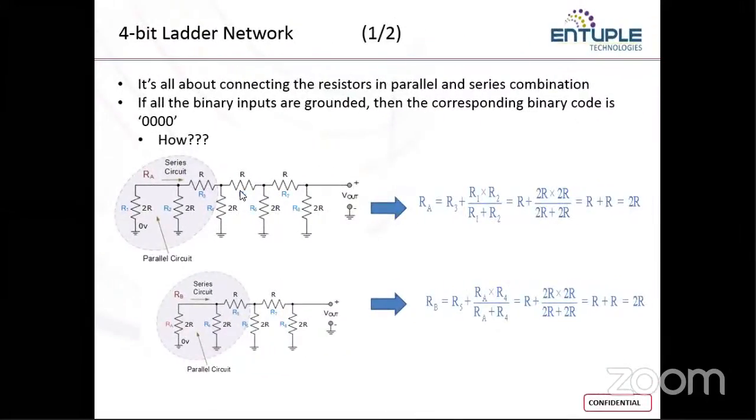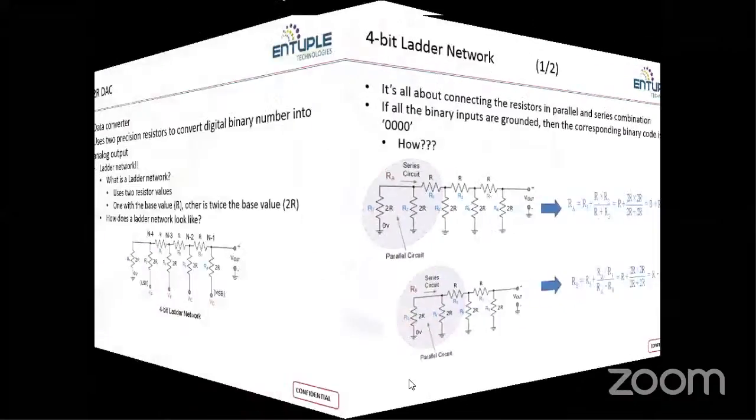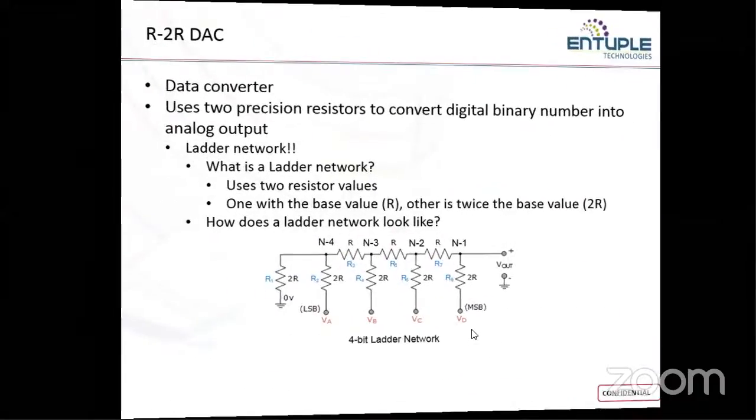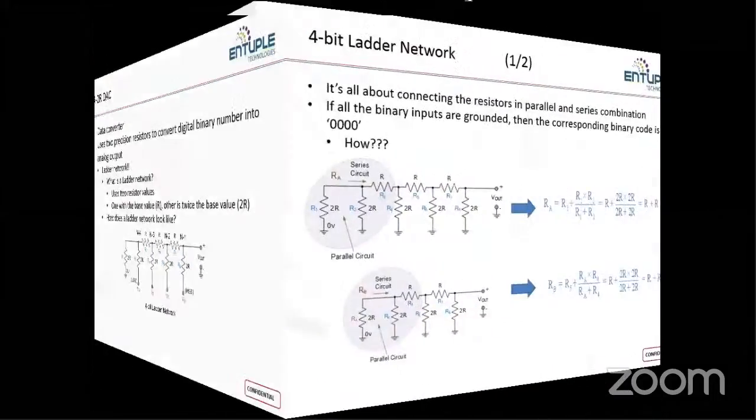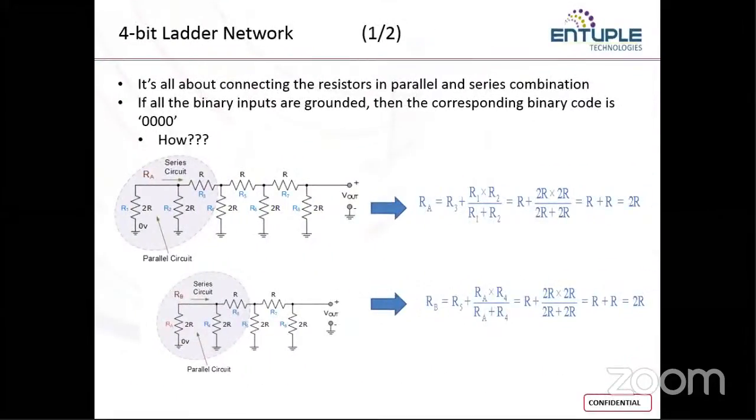It is all about connecting the resistors in parallel and series combination. If all the binary inputs are grounded, like we have seen VA, VB, VC and VD, then the bits are 0, 0, 0, 0. We have an equivalent resistance of 2R.